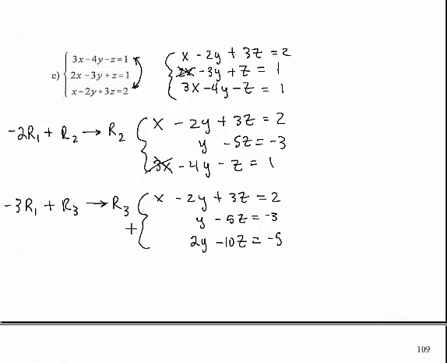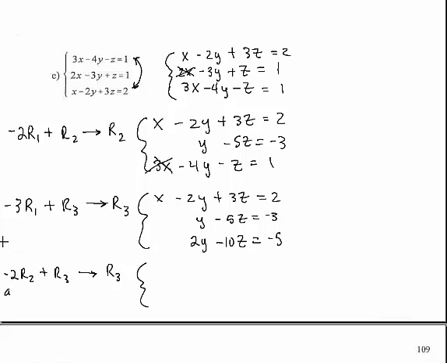And now, to get the last step to row echelon form, we combine equations 2 and 3 to cancel out a y. So what I'm going to do is say negative 2 times row 2 plus row 3, and that's going to replace row 3.